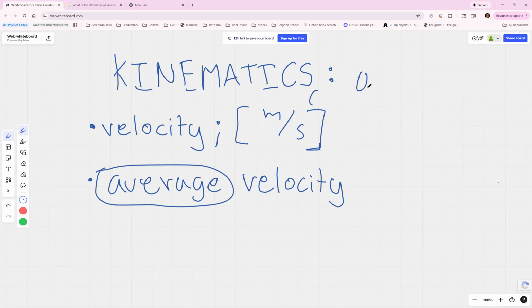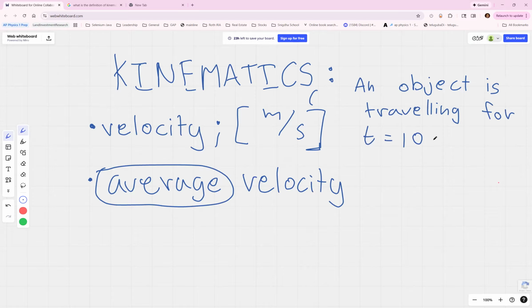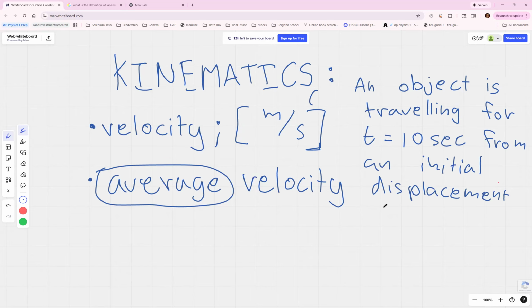Let's say I tell you an object is traveling for t is equal to 10 seconds from an initial displacement of x initial is equal to 0 meters.